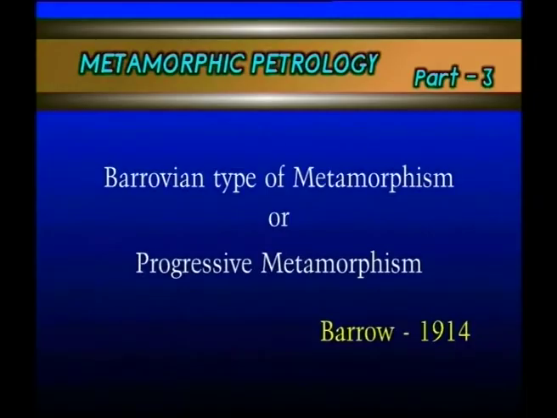On the basis of these index minerals, which were first recognized by Barrow in 1914, and after his name, this is known as Barrovian type of metamorphism. It is also known as progressive metamorphism. On the basis of the pressure and temperature concept, the Barrovian type of metamorphism is normally an intermediate pressure temperature facies.